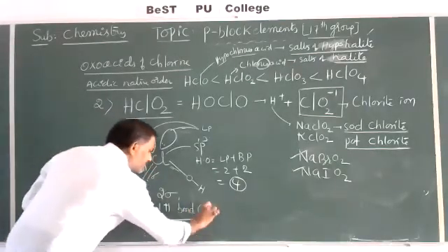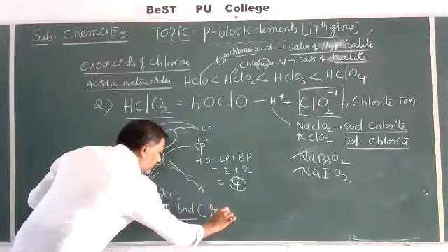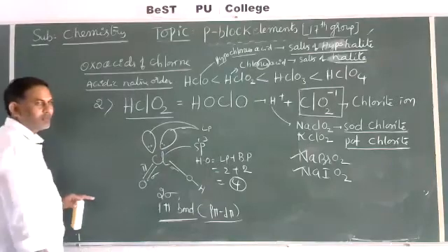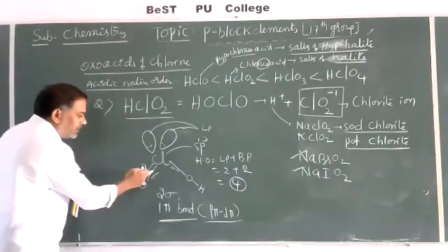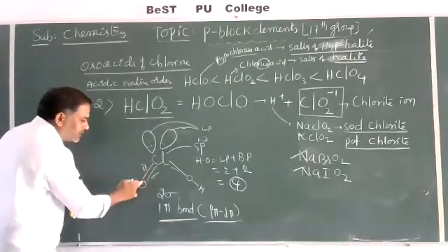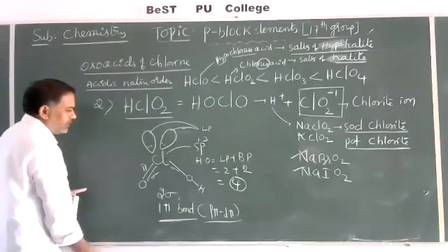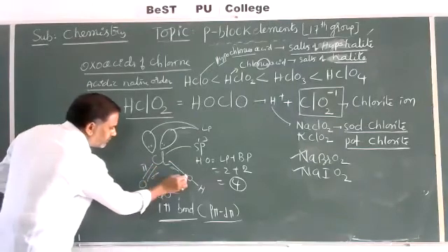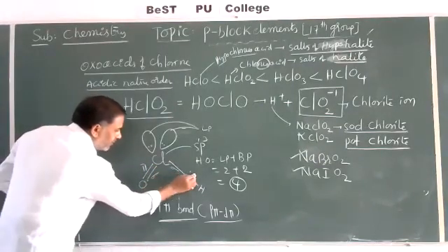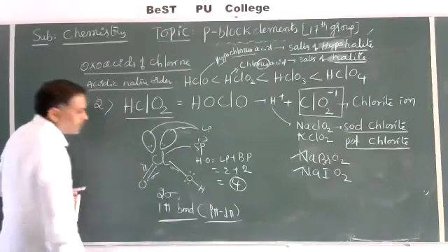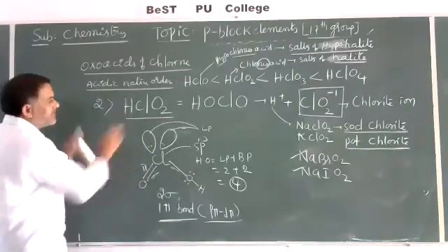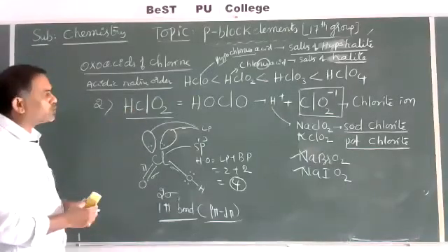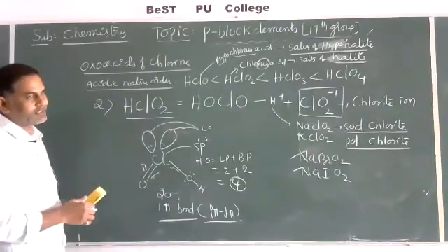That's why that pi bond is a p pi-d pi bond. Here one unpaired electron is bonded with the oxygen atom, and on the oxygen atom it again contains two lone pairs. This is the structure and hybridization of HClO2, chlorous acid.